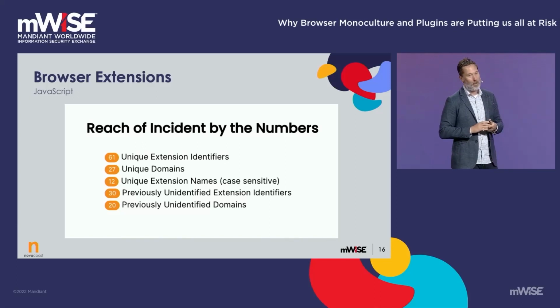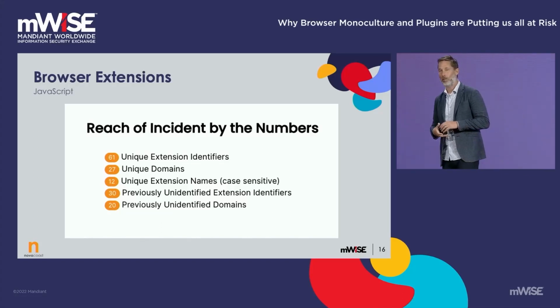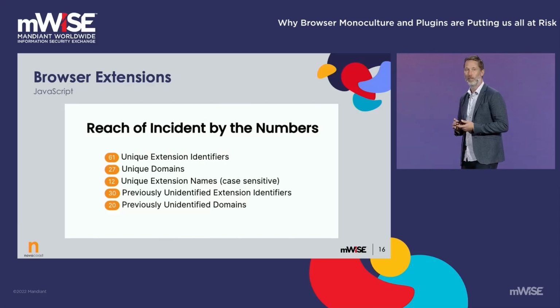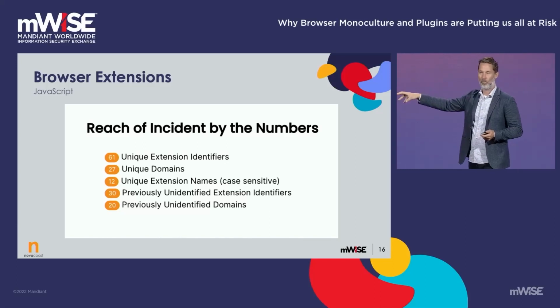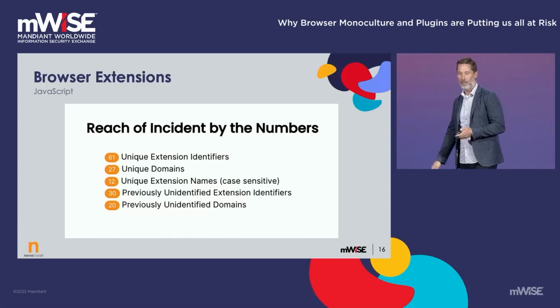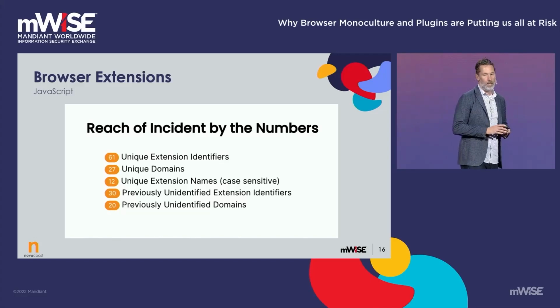So a lot of these very popular extensions that we run into have some really ugly consequences to them. So 61 unique identifiers. This thing was connected to 27 different unique domain names. All various kinds of proxy this, run this, search group this. They must have had 15 different PDF domains that they were running off of.